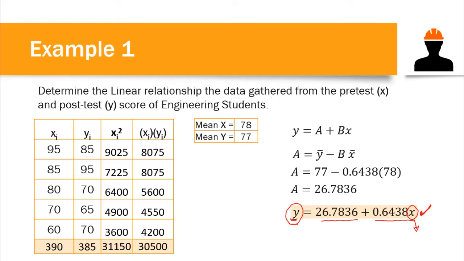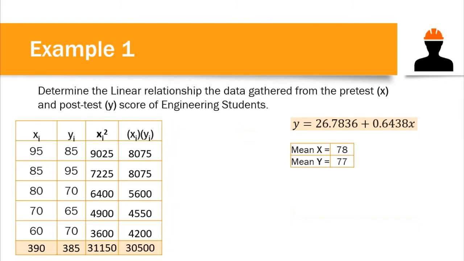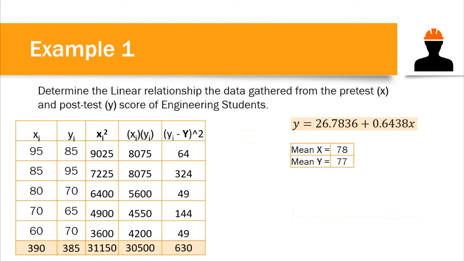However, we need to know if this equation is reliable, or if it can be used for future analysis or future use. We can find out by knowing the coefficient of correlation and coefficient of determination. So we have to compute for the coefficient of determination, so we compute for the SST.